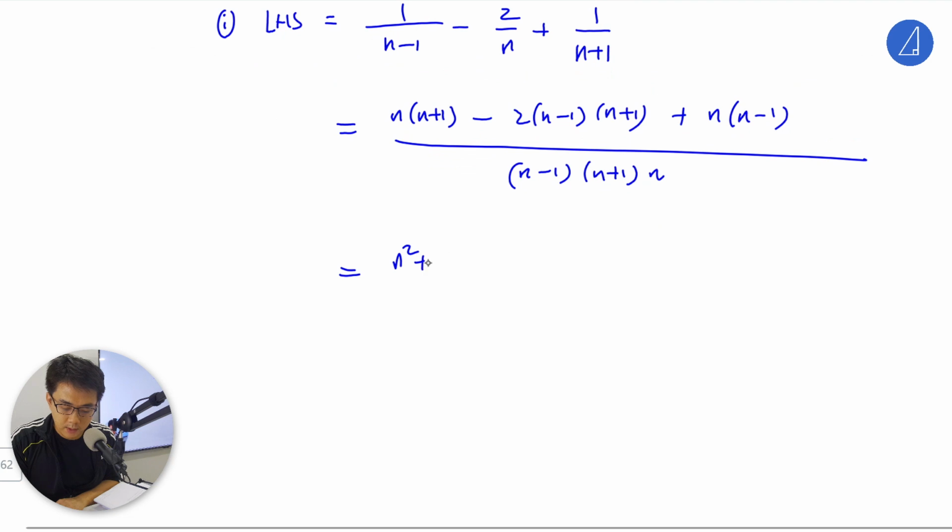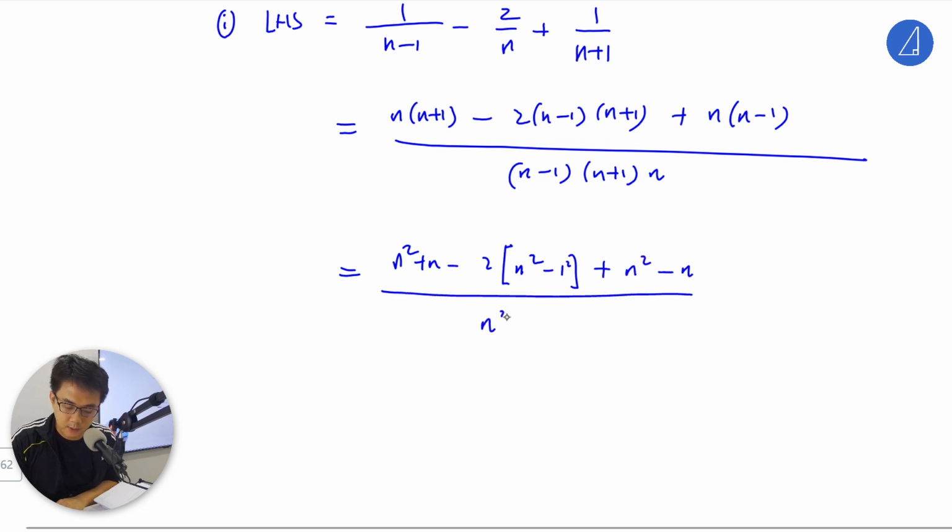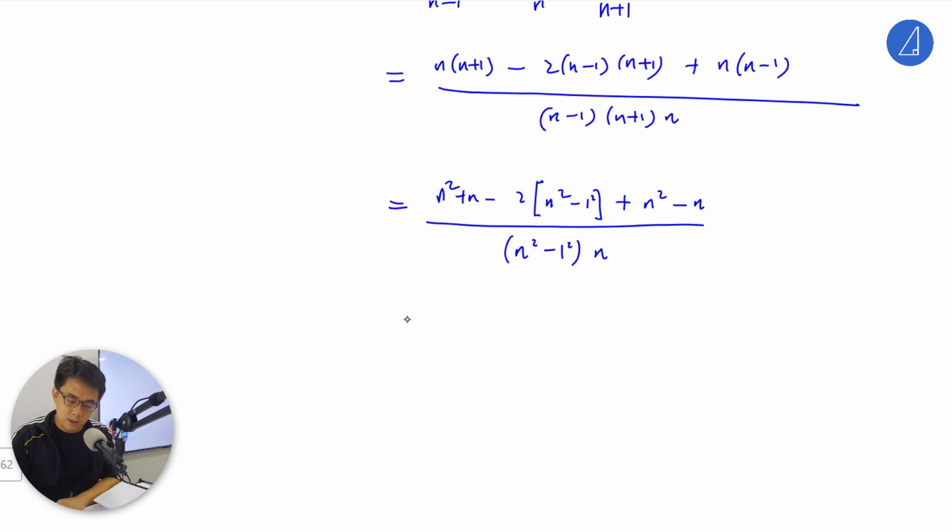N square plus n minus 2, n square minus 1 by n square minus 1 square, n.